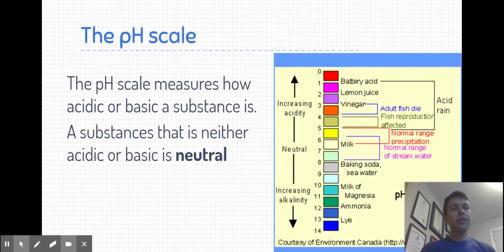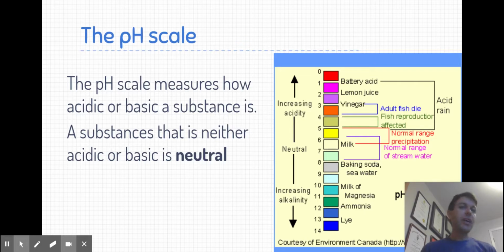Many of you are familiar with the pH scale. A pH scale measures how acidic or basic a substance is. However, specifically, a pH scale is measuring the concentration of hydrogen ions in moles per liter. We'll get to that calculation in a minute.